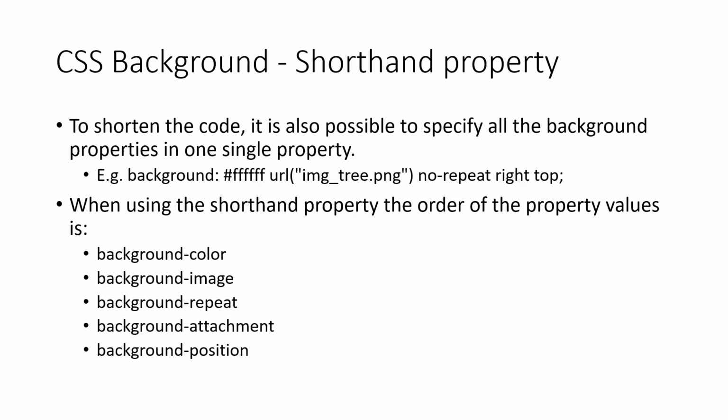Everything should be put down in that. Usually there should be an order: first specify the color, then the image, then whether to repeat or not, whether there is an attachment, and then the position. Now I'm going to explain this with an example.